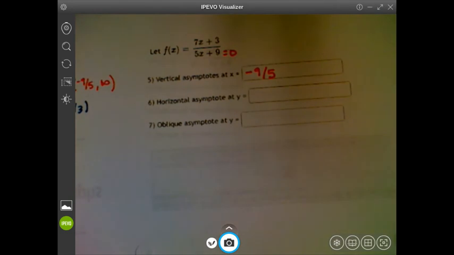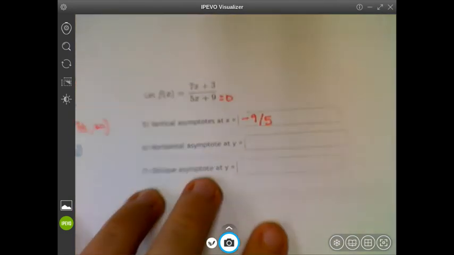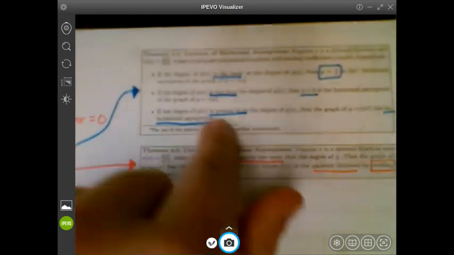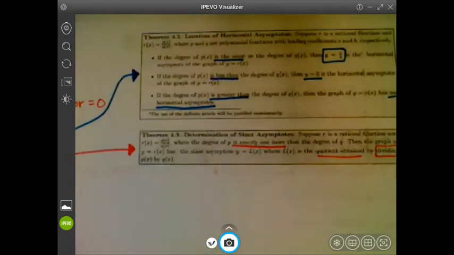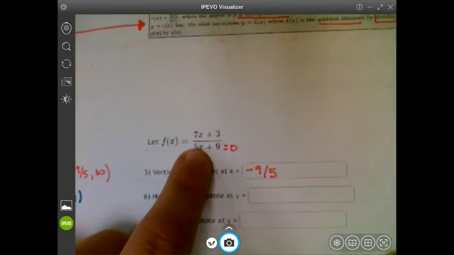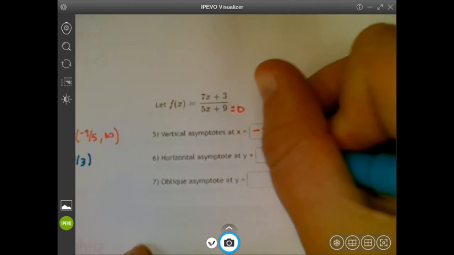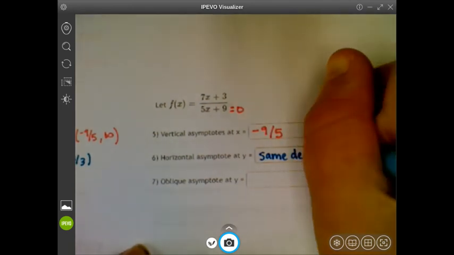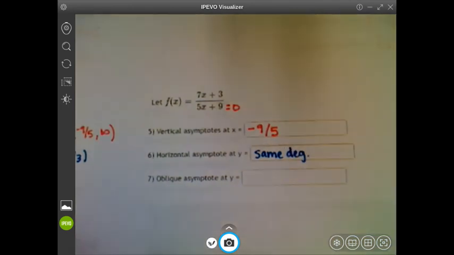All right, horizontal asymptote. So go back up. For the horizontal asymptotes, you should be looking at this here. And what we're checking is the degree of the top and the degree of the bottom. So the top has a degree of 1. The bottom has a degree of 1. So they have the same degree, right? Top and bottom are the same. They're both powers of 1.